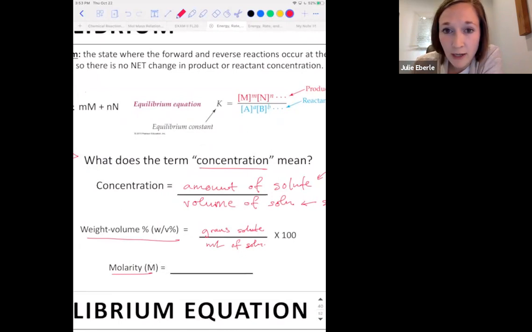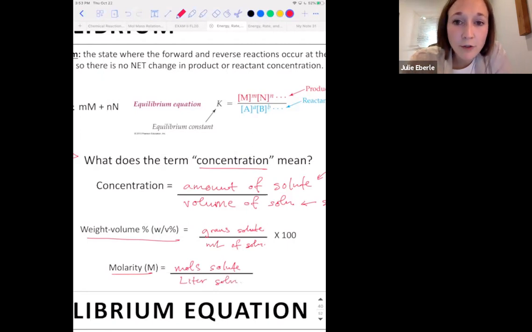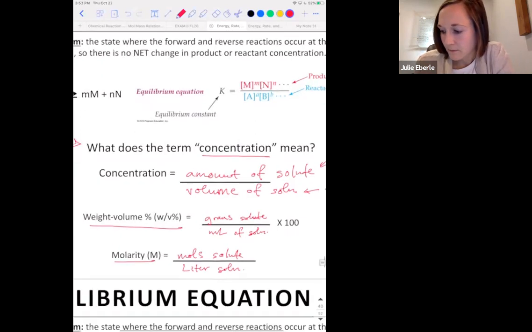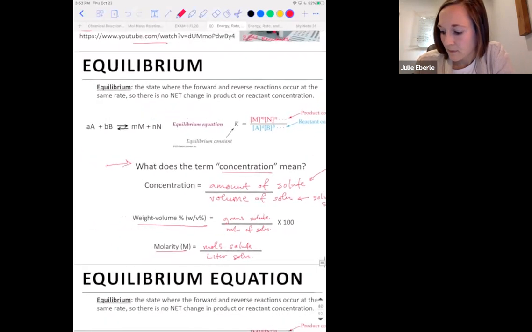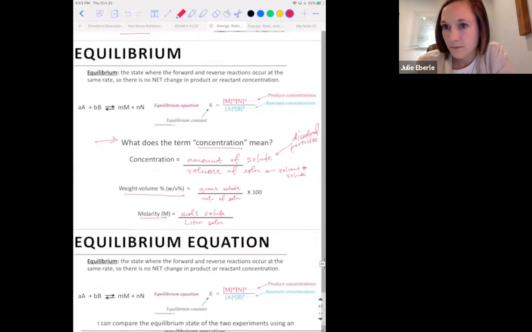Molarity, we abbreviate with an M, and it's the moles of solute, the dissolved stuff, per liter of solution. Okay. So it's just an amount of solute per volume of solution. And we just use different units sometimes, grams or moles, milliliters or liters. Okay, questions on that?